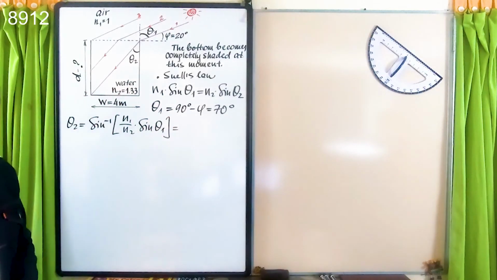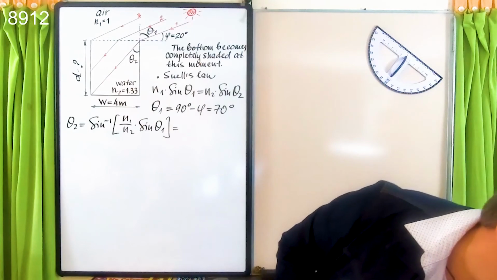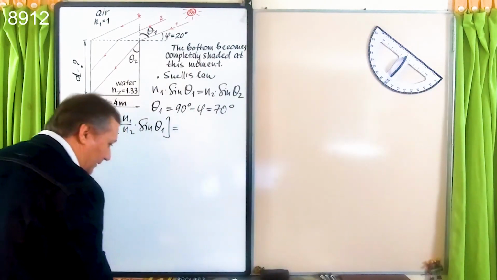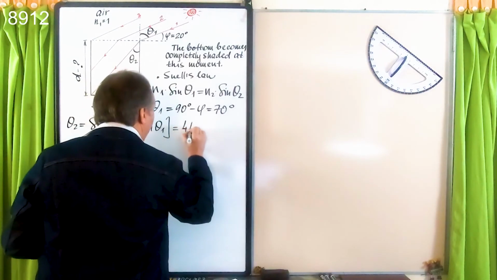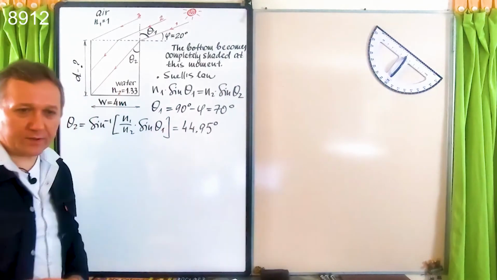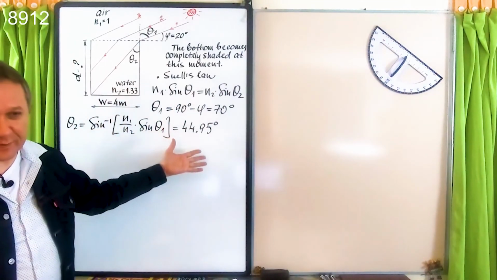All the numbers are given, so let me look at my notes to find the answer. The angle is 44.95. I used more sig figs because it's not the final answer, but it's almost 45 degrees.